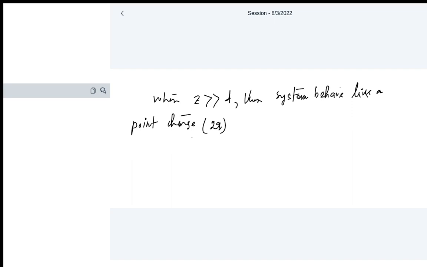So the electric field behaves like that of a point charge, and in that case the electric field is basically 1 upon 4 pi epsilon naught 2q upon z square. So these are the conditions.